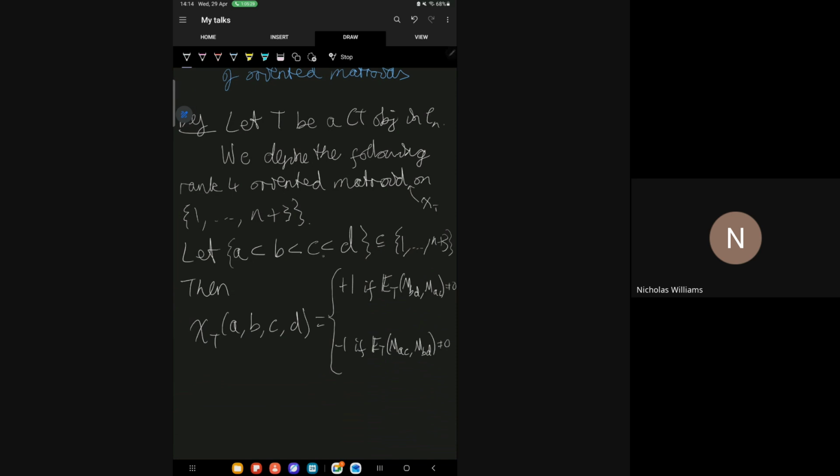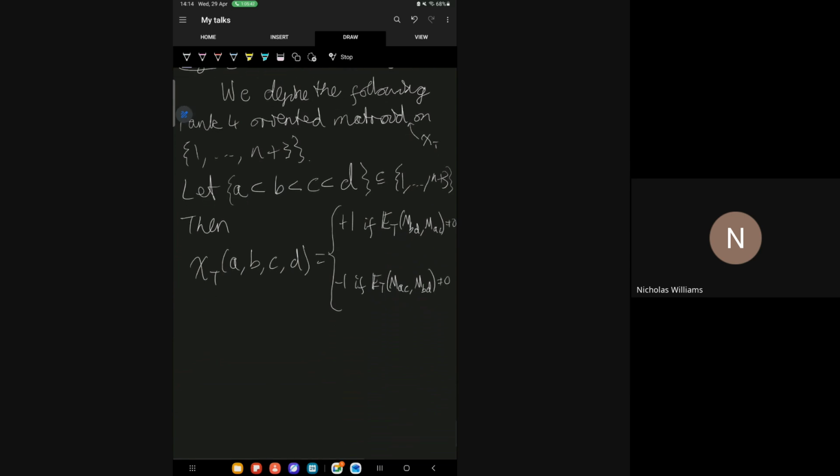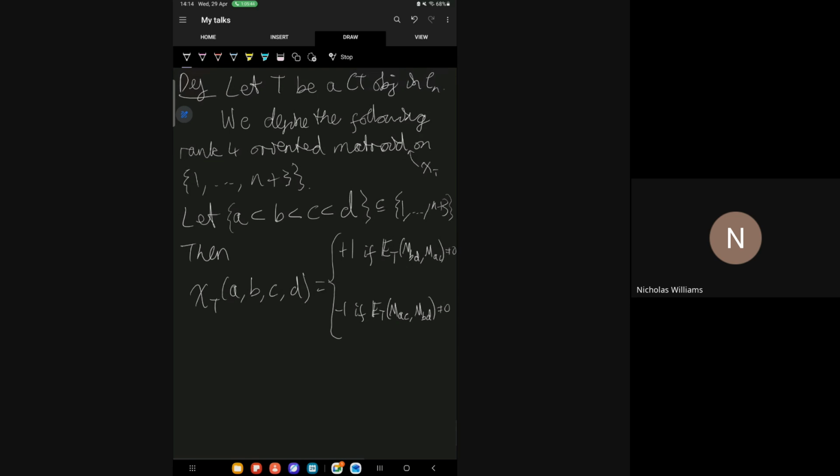If A, B, C, and D are all different, it's actually never zero. So it's somehow determined by these relative X-triangulated structures in this way.